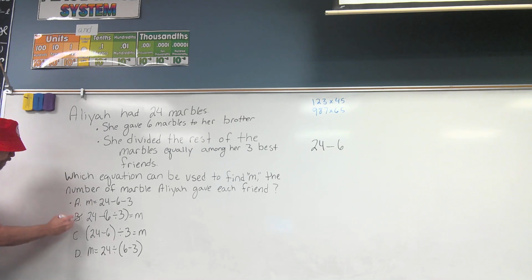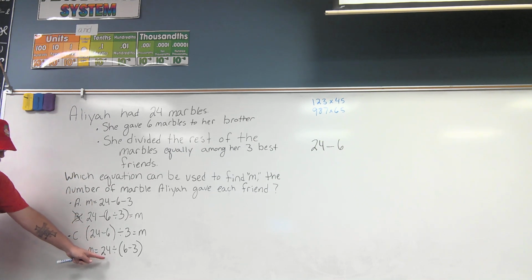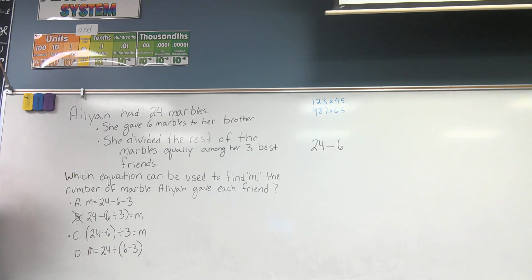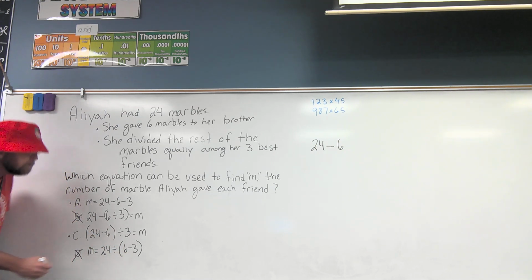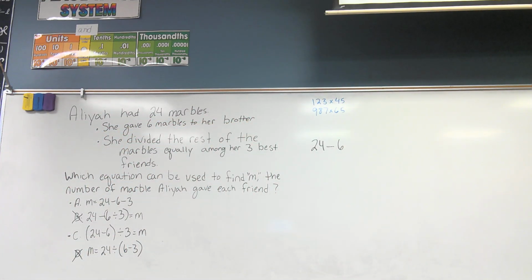So it could not be B. There's a 24 minus 6 here. And again, same as B, we would start with the parentheses, and so that is not 24 minus 6. So after this first step, I've eliminated half of the answers.